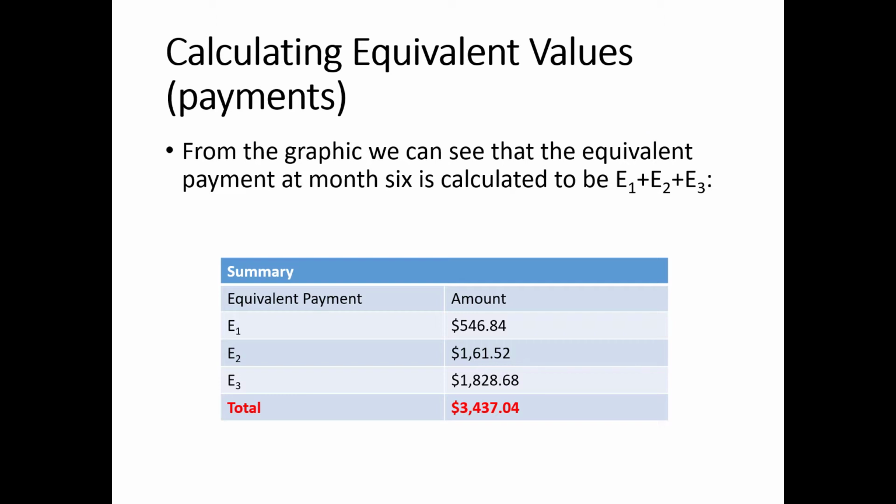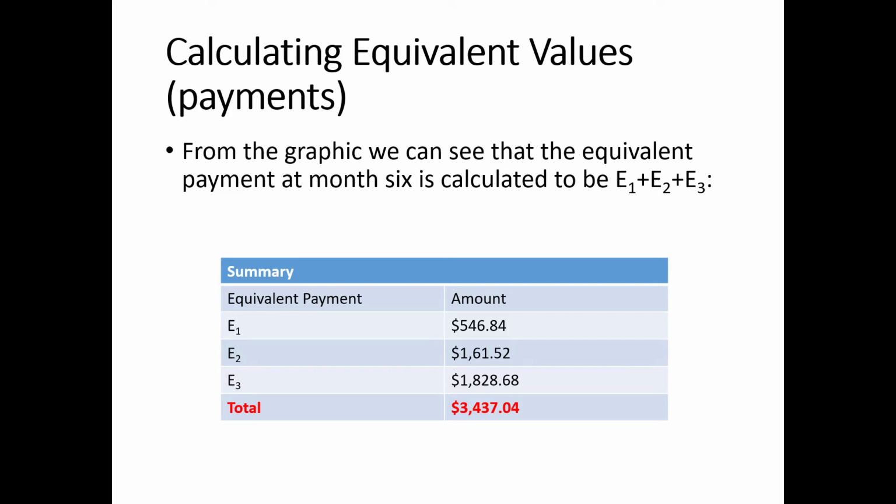All right. And so at the end of all this, the single payment that will cover all these three payments will be $3,437.04. So try that. You know what the answer is. You know what the logic flow is on this one. Give that one a shot and see if you can replicate that.